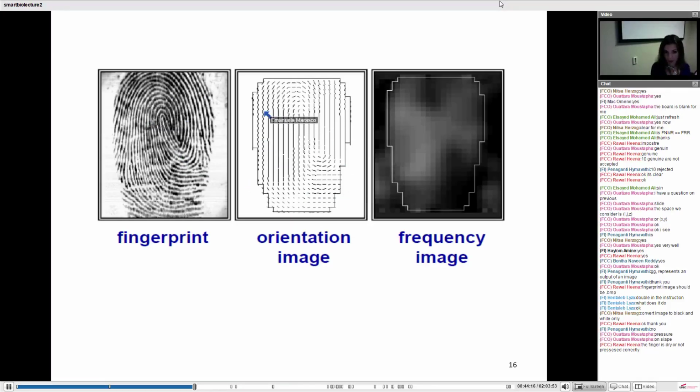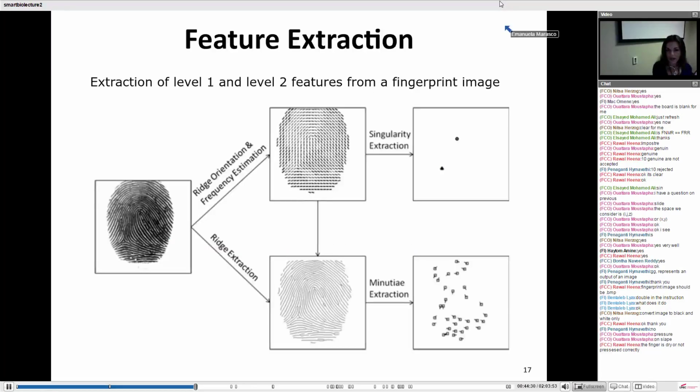the singularity points? So again, other examples of fingerprint low quality, orientation image obtained by the fingerprint, and then the frequency image. So we also know now how to obtain the frequency image related to a fingerprint image. So now the question is, we want to extract singularity points based on the orientation field.